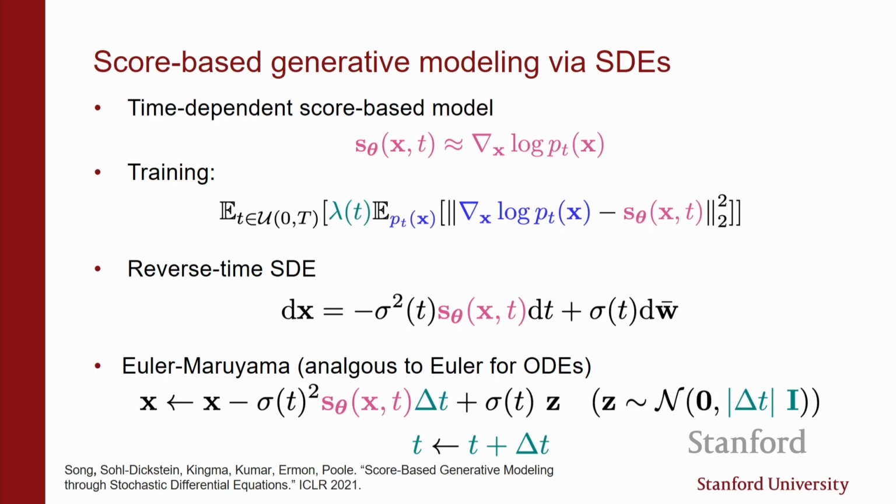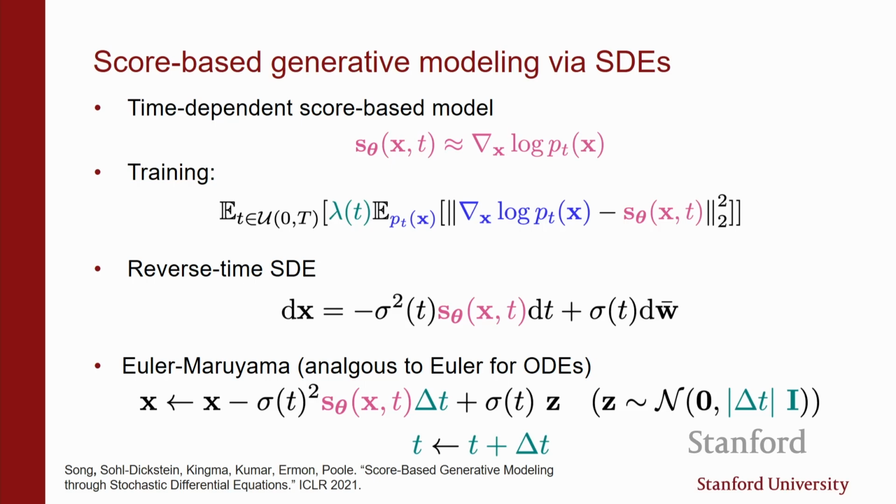The simplest one is basically something similar to the Euler method for ODEs, where you basically just discretize time and you just step through this equation. So this is a continuous time evolution. You can just take increments of delta t, and you just basically discretize this. I guess delta t here is negative, so you decrease time, and then you take a step following the deterministic part, which is given by the score, and then you add a little bit of noise at every step.